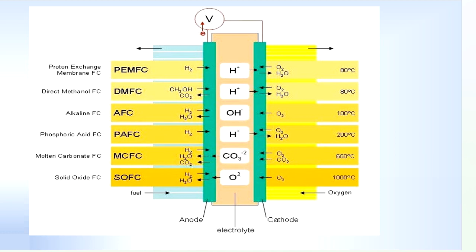In case of solid oxide, oxygen ions move from cathode to anode, oxygen is the input at cathode, hydrogen is input at anode, and H2O comes out at anode, right. The electrolytes in different fuel cells were also discussed just now. So this is how you can explain all the different types of fuel cells, right. Then we will discuss in detail each fuel cell type and their chemical reactions. Thank you.